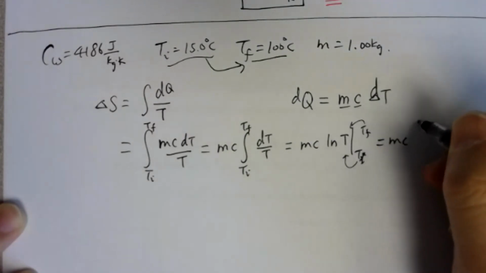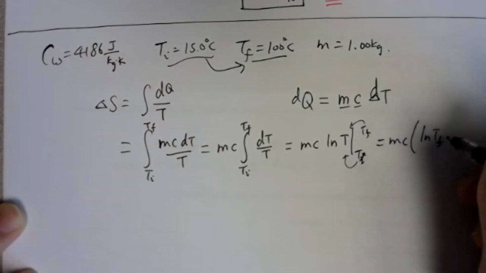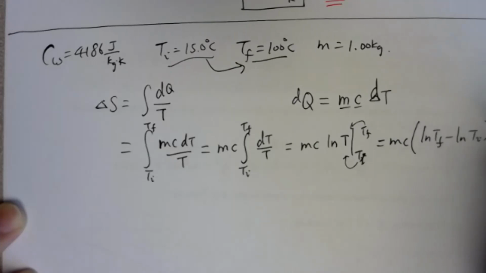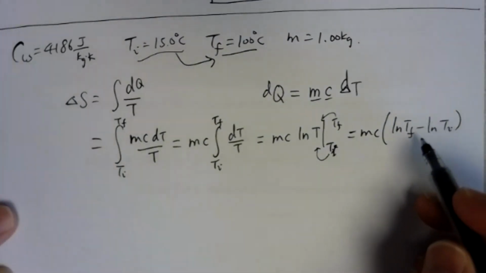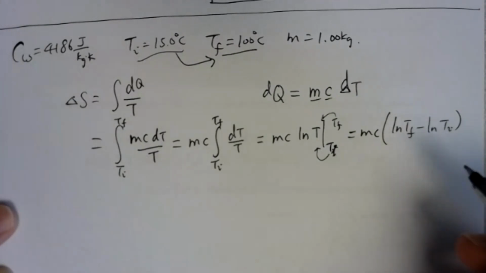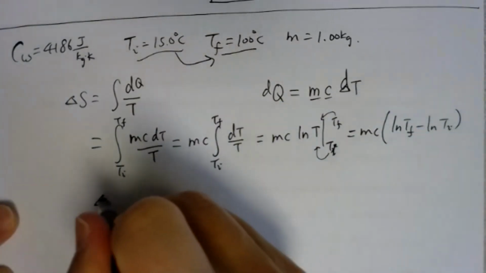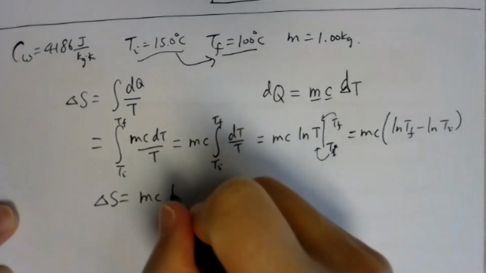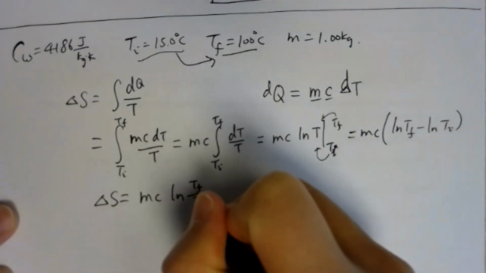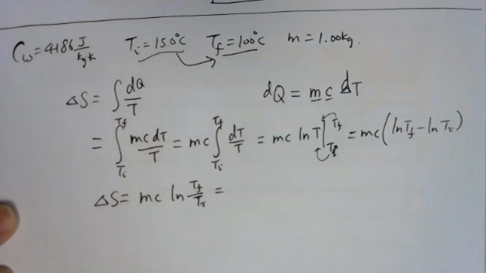So mc times ln of T final minus ln of T initial. And ln of a minus ln of b is ln of a over b, right? So then your change of entropy is mc natural logarithm of Tf over Ti. So that's your expression.